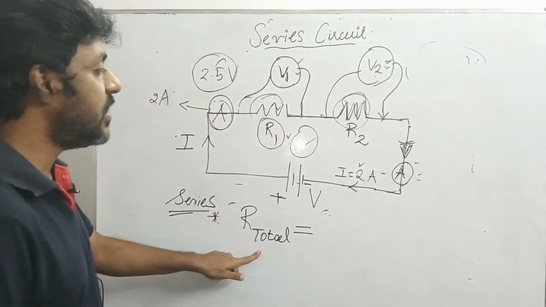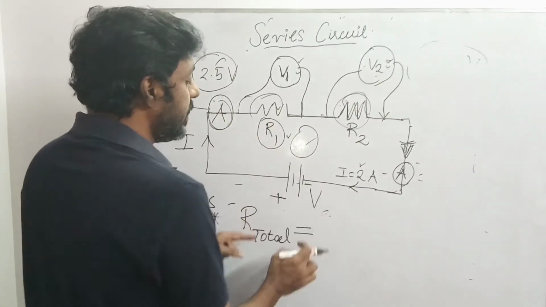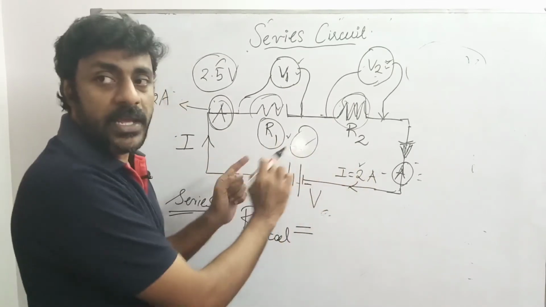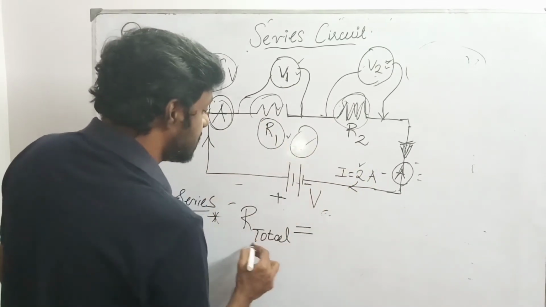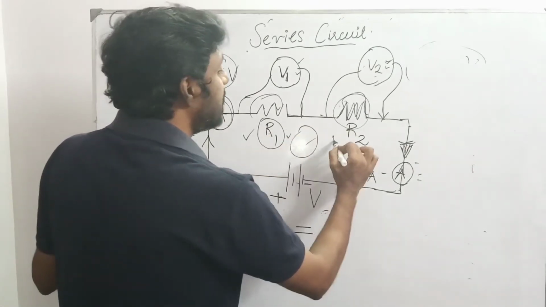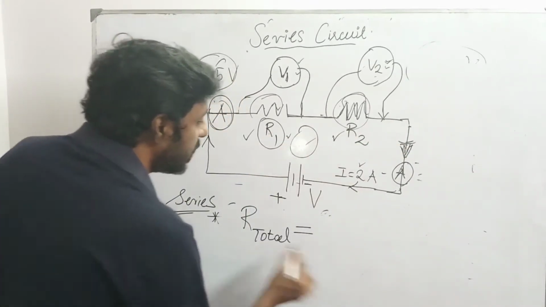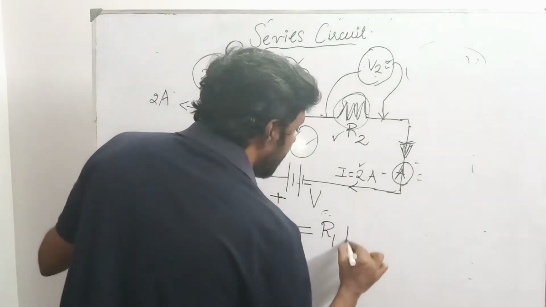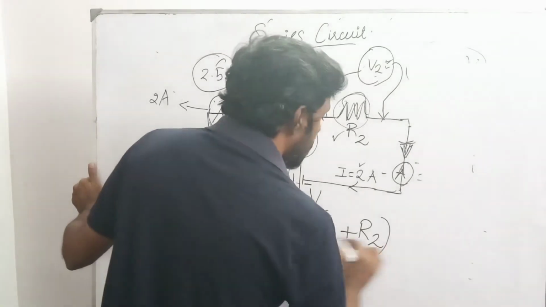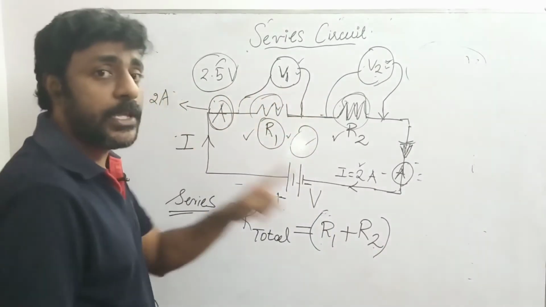R total is nothing but the sum of the individual resistances. So what is the sum of the individual resistances? It is nothing but R1 plus R2. So R total is nothing but R1 plus R2, and what will be the unit for this one?